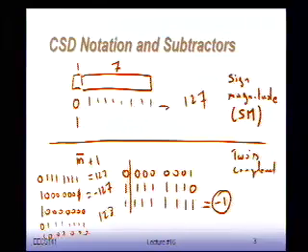Now this seems to be complex, but actually the beauty of this is that with 2's complement, I can take negative numbers and add them to positive numbers, and the result is always going to be right, positive or negative. You don't have to do anything special for the sign bit or for the magnitude bits. They are all processed in exactly the same way. So from an adder perspective, for instance, I want to add numbers together.